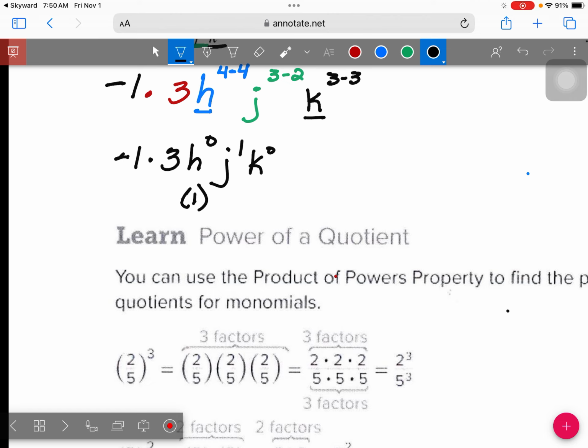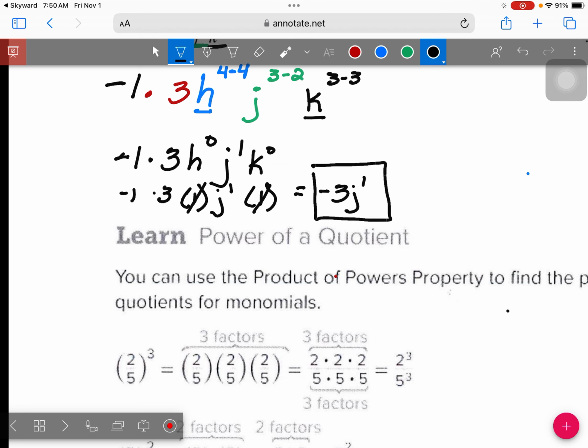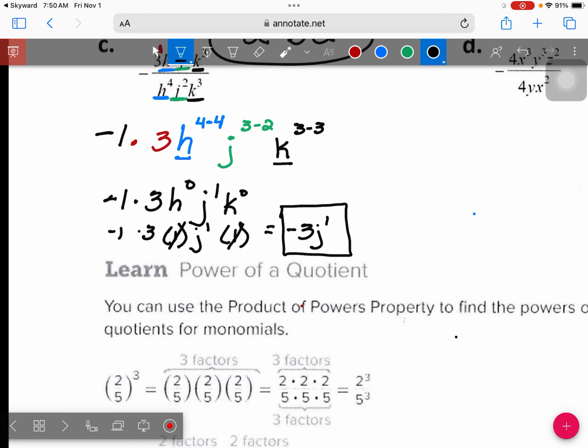So this is a 1 that we multiply. Here's j to the first. Here's 3. Here's negative 1. Well, anything times 1, that's just anything. Negative 1 times 3 is negative 3 j to the first. So all of that simplified down to negative 3j to the first.